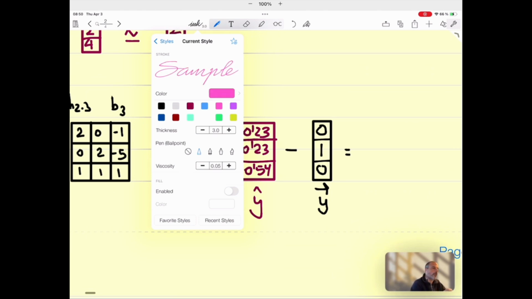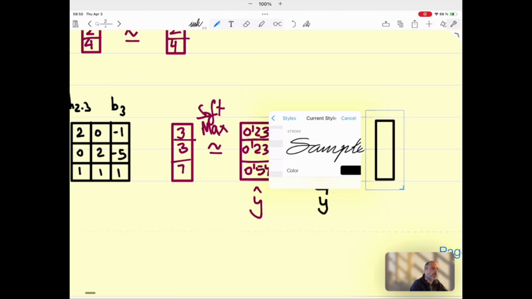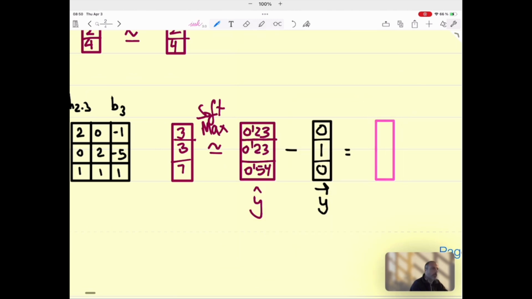And our error vector is going to be 0.23 minus 0 is 0.23.